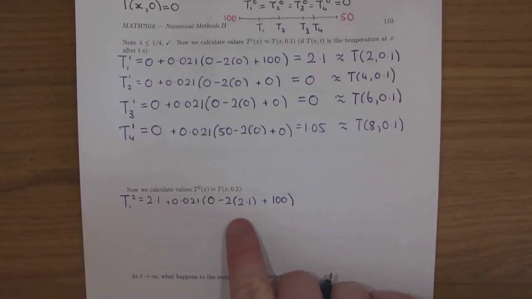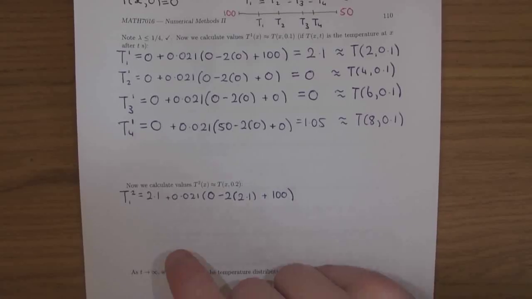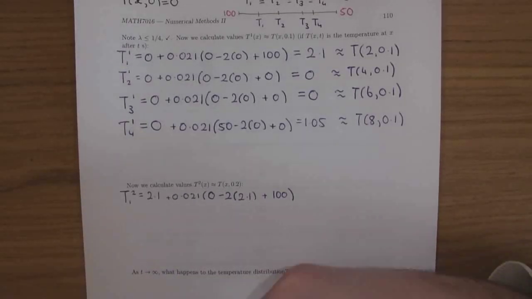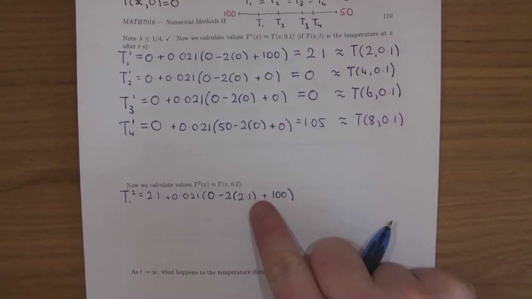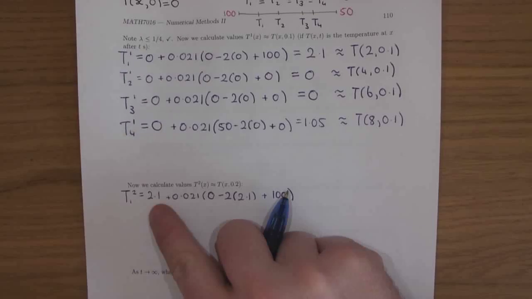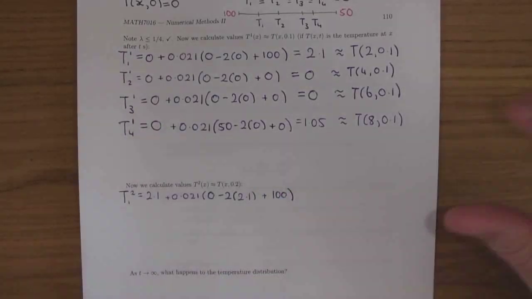Now, what we can see here is something relatively interesting. Because T1 has risen in temperature, the temperature gradient is now smaller between T1 and this boundary. And because of that, this number is getting a little bit smaller. So this isn't going to be 4.2, it's going to be slightly smaller.